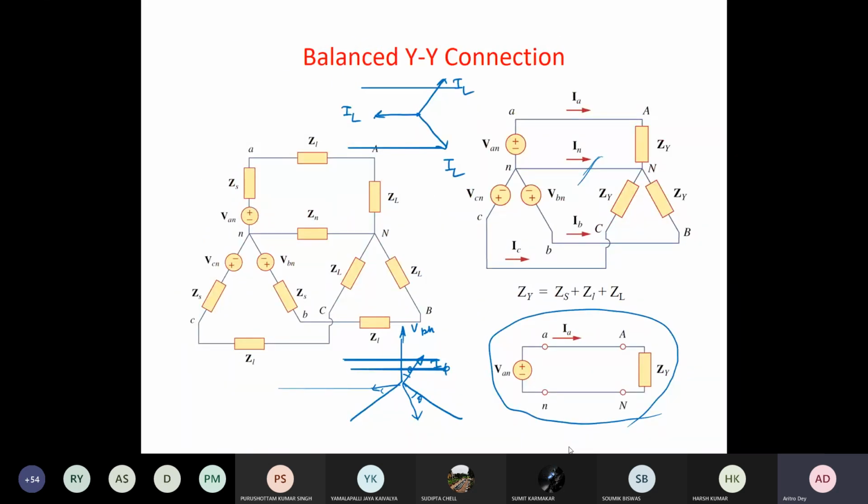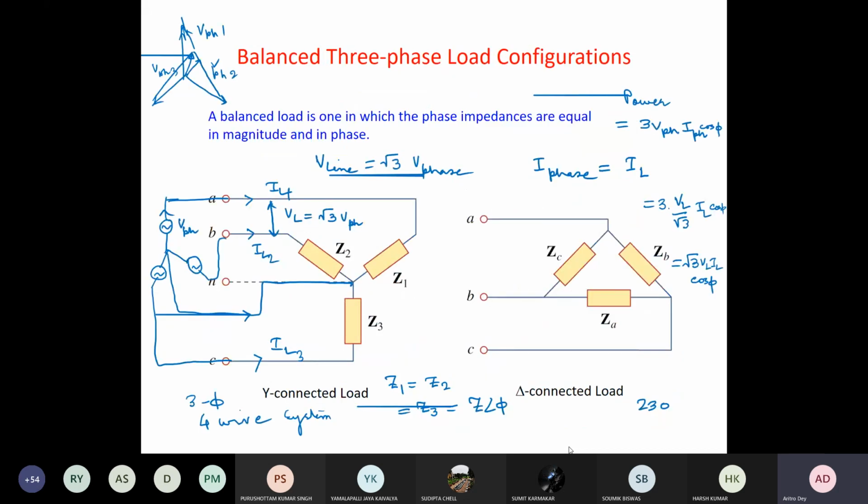Sir, how can we know that the circuit is balanced or not? Balanced means whenever you are taking the same loads for all three phases, then we can say this is balanced. If not, then they are unbalanced.